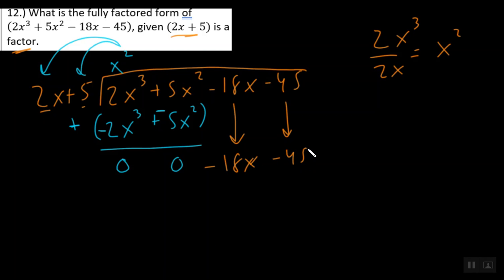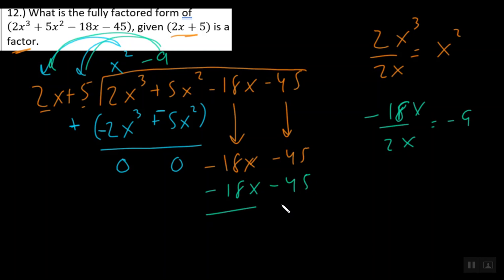Okay, let's do all this again. So from here, let's use a different color. Let's use this nice green. We can do negative 18x, our new leading coefficient, divided by 2x, and this will give me negative 9. I know that I want to distribute. Negative 9 times 2x is negative 18x, and negative 9 times 5 is negative 45.